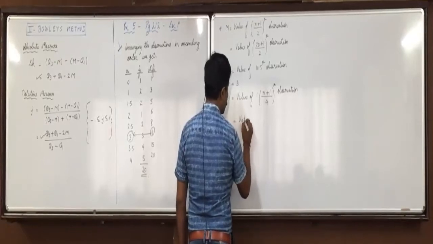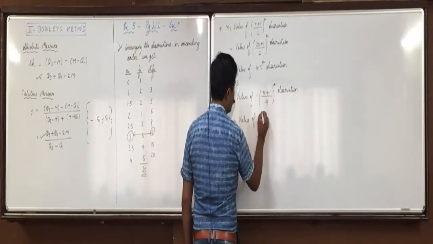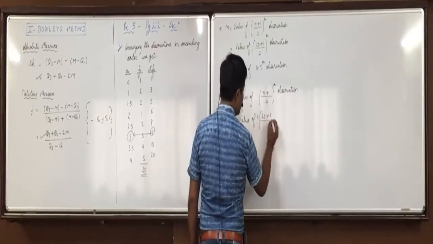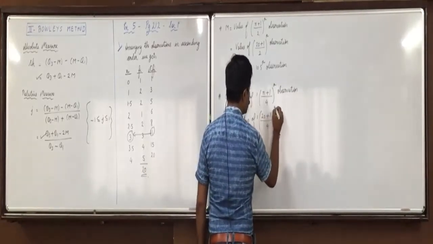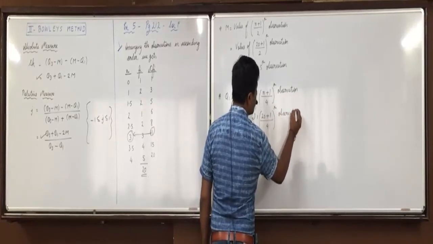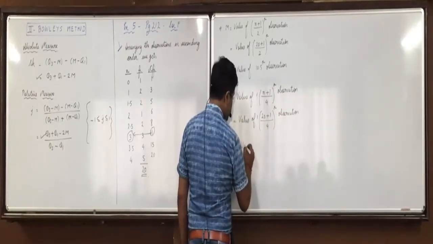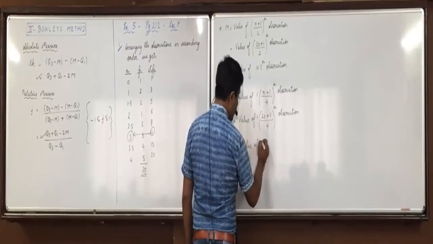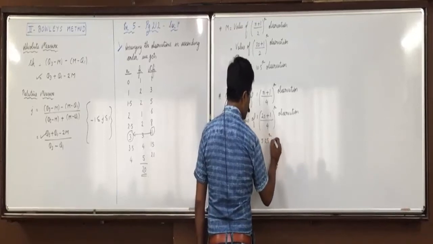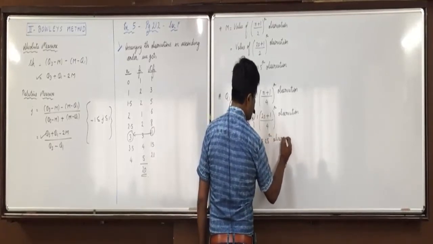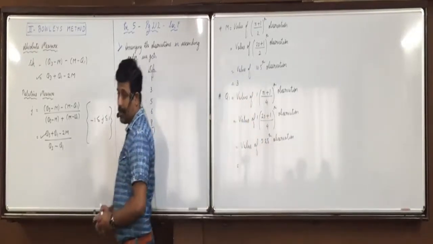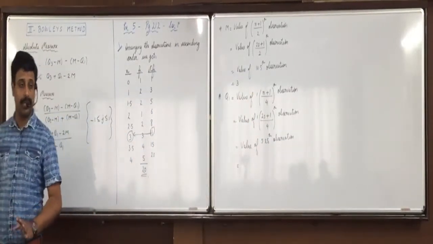So, value of 1 into (20 plus 1) upon 4th observation. Value of 5.25th observation. Now raise your hand. Should we expand or not?